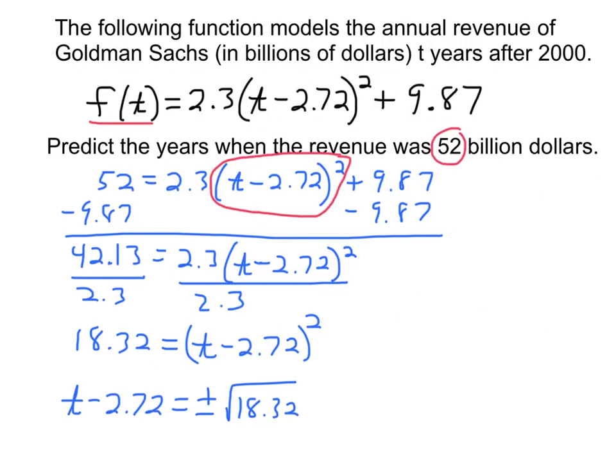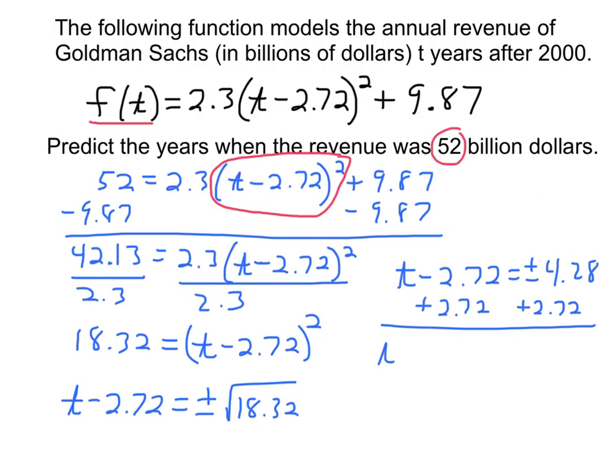And when I put that in my calculator, it comes out to be about 4.28. So we have t minus 2.72 equals plus or minus 4.28. And then we'll add the 2.72 to both sides of our equation, which gives us t equals 2.72 plus or minus 4.28.